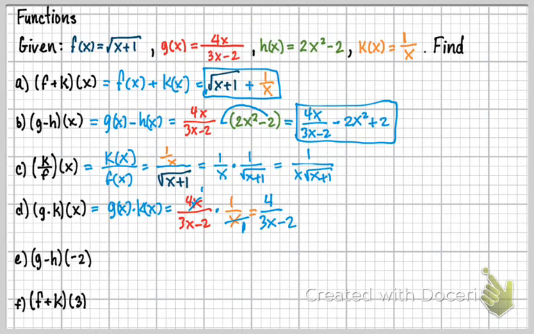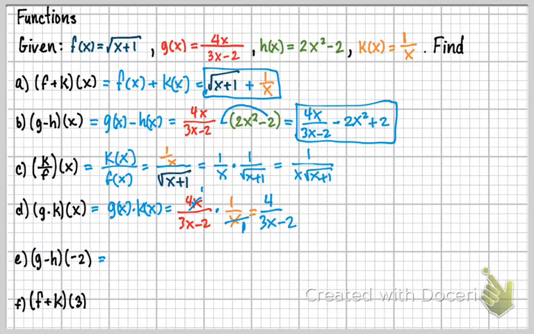Okay, now, if you look below here, now we're getting into function values. So for this one, g minus h of negative 2. This looks very weird, and what this is really saying is the function g minus h, I'm going to plug in negative 2 for x.